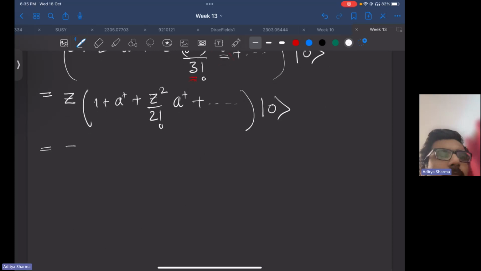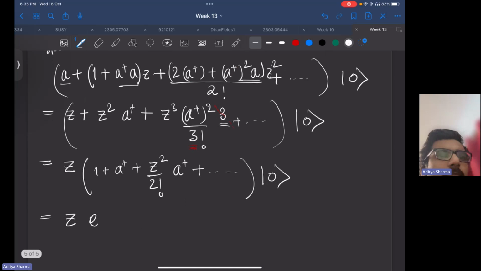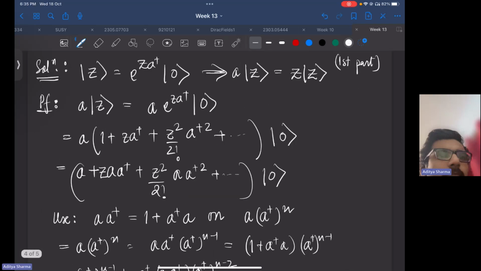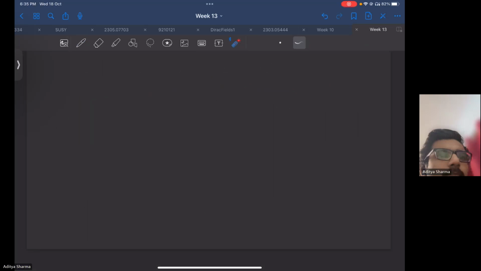This is z times e to the power z a dagger acting on 0, which is nothing but equal to z. So thus we showed that this is achievable.